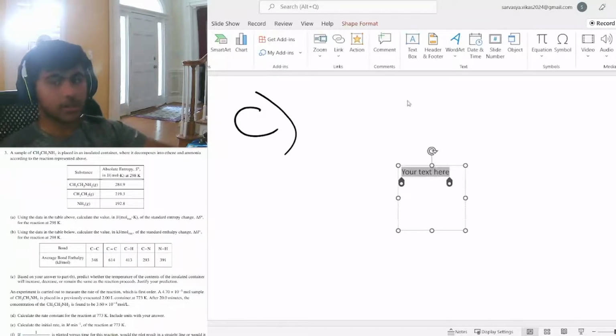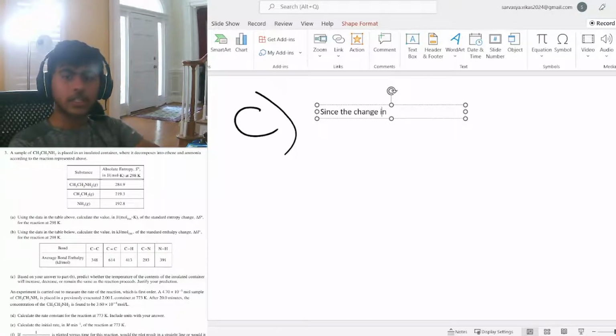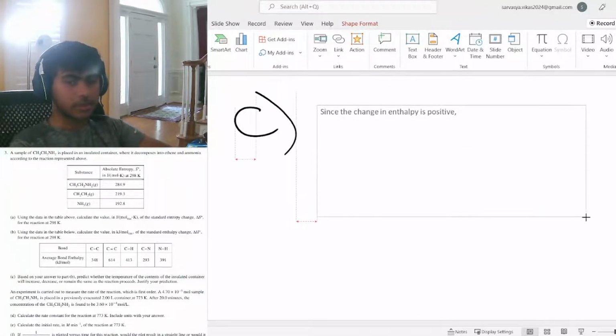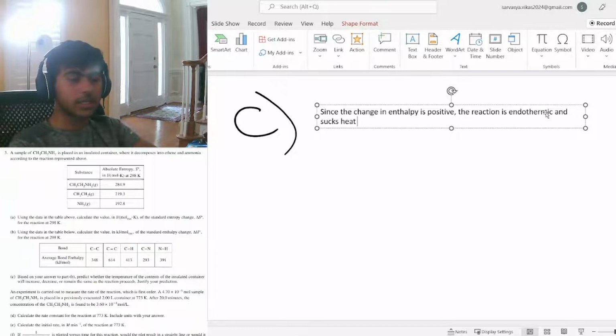Since the change in enthalpy is positive, then we know that the reaction is endothermic and sucks heat out of the surroundings as the reaction proceeds.